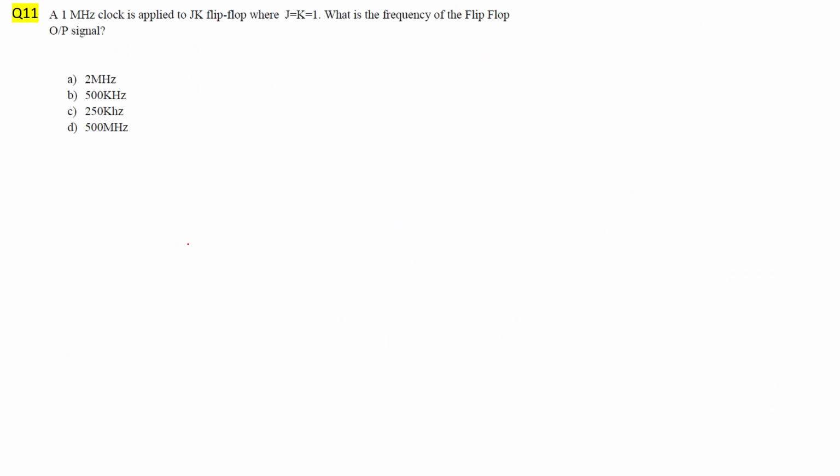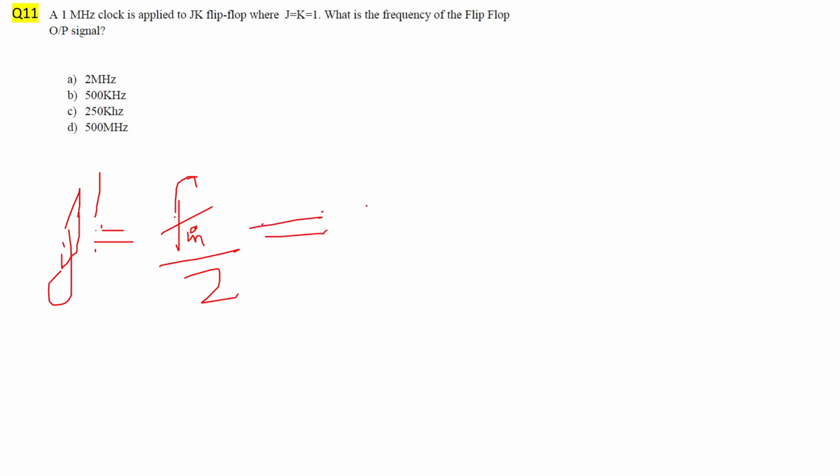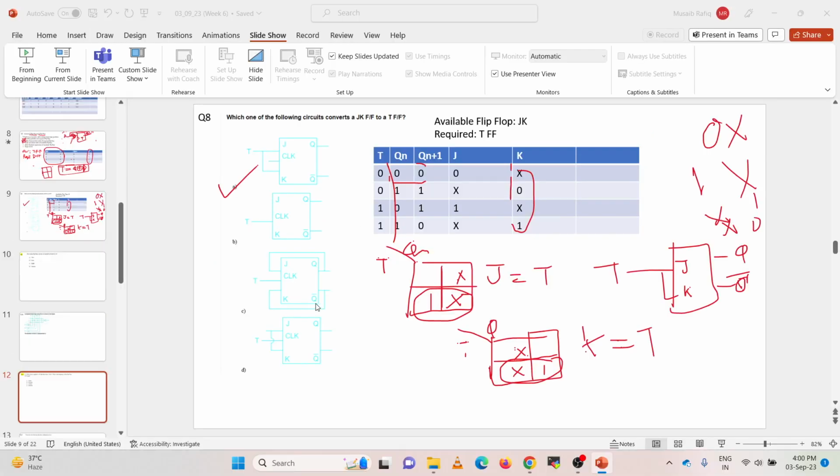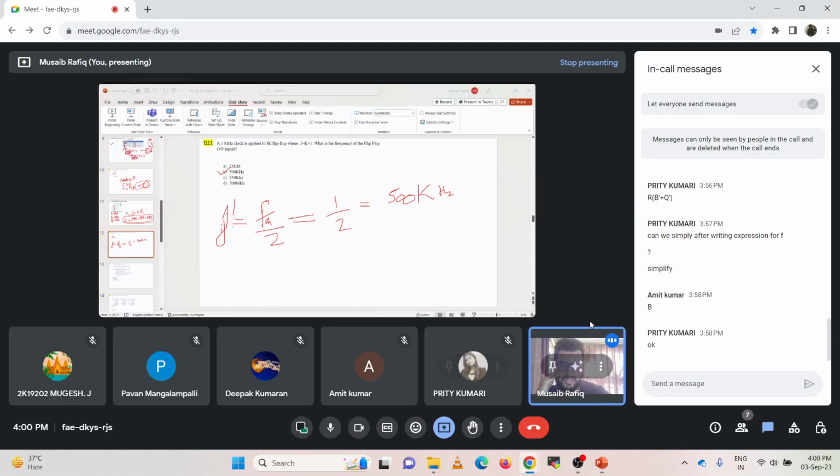So here also the output frequency f dash will be equal to f in by 2, that is 1 by 2 megahertz, that is 500 kilohertz, right? Option B. I don't think anyone will have doubt in this question. It's a pretty straightforward question.